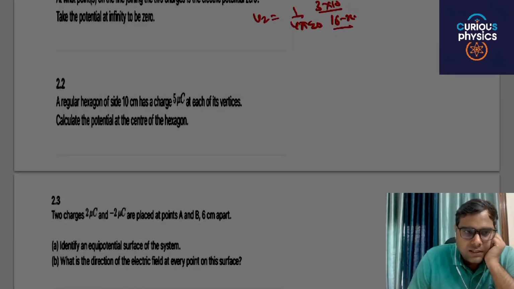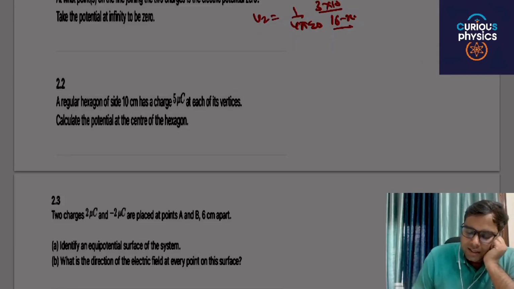Next: a regular hexagon of side 10 centimeter has a charge of 5 microcoulomb at each of its vertices. Calculate the potential at the center of the hexagon. It's simple.